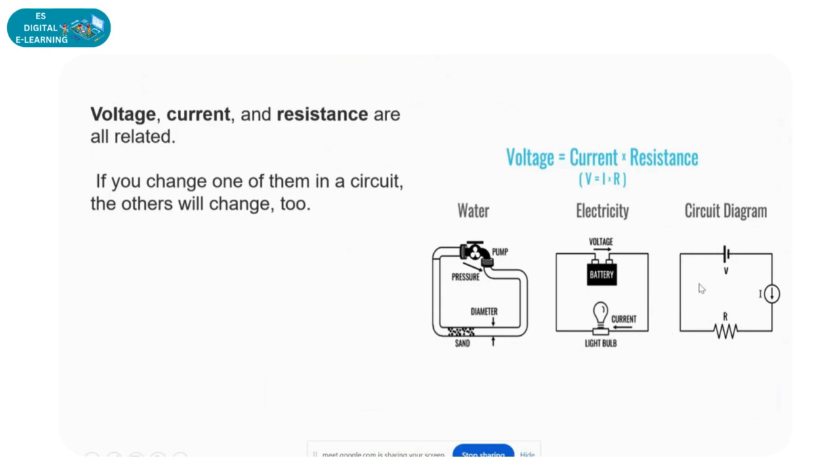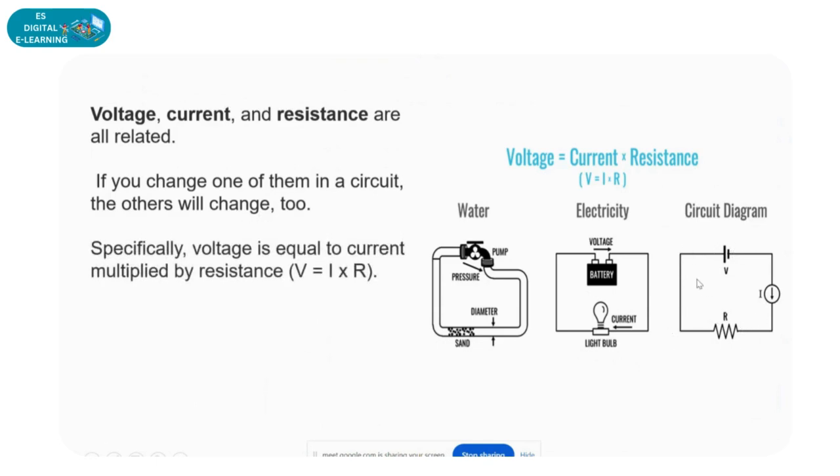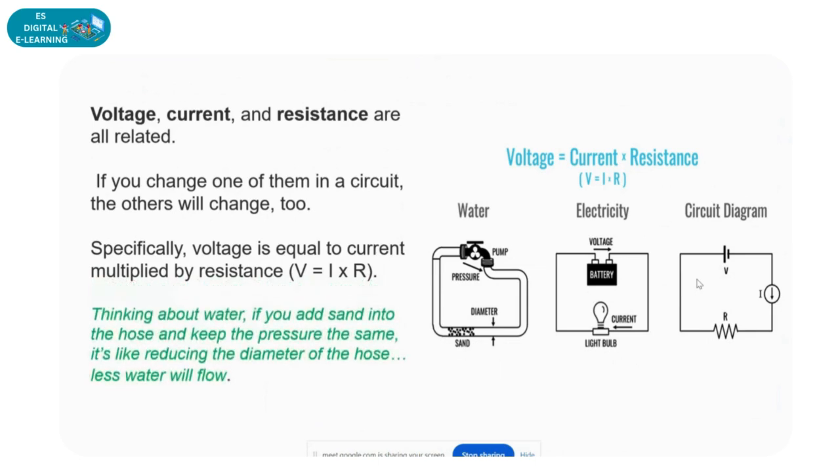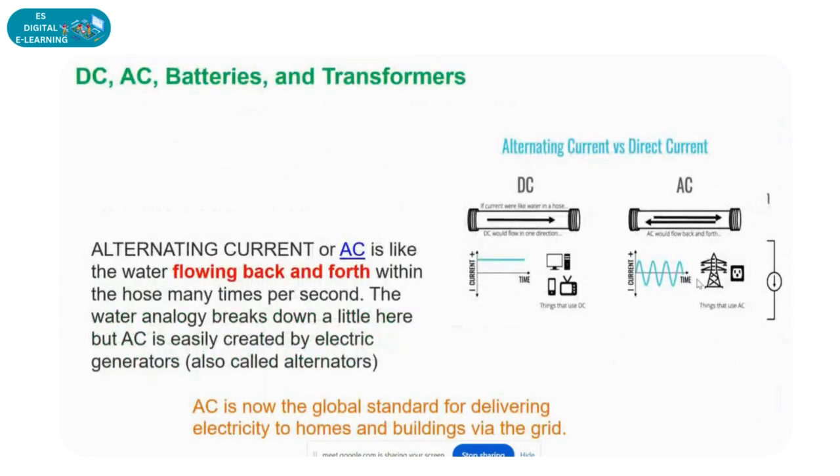So it derives a small relation, the formula V equals IR. We understood how the water and the sand work and how the pressure is formed. That is part of the understanding of electricity.